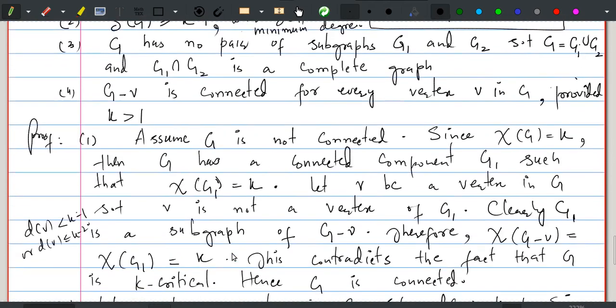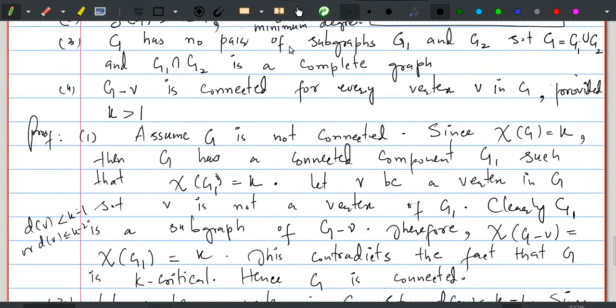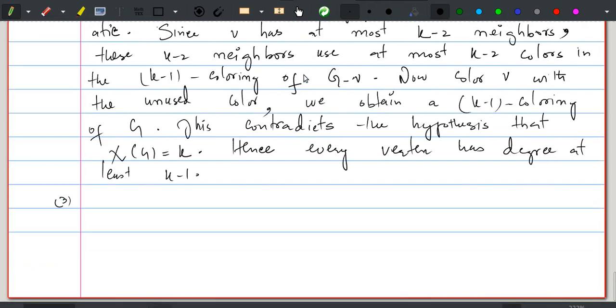Now let us move to prove the third item. We had to prove G has no pair of subgraphs G1, G2 such that G is their union and their intersection is a complete graph. So we assume on the contrary that G has one such pair of subgraphs.